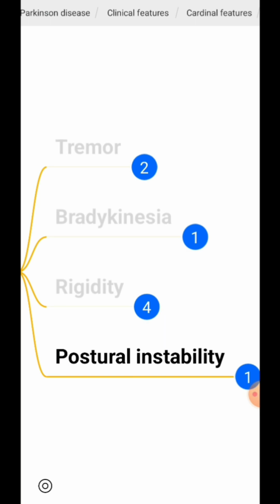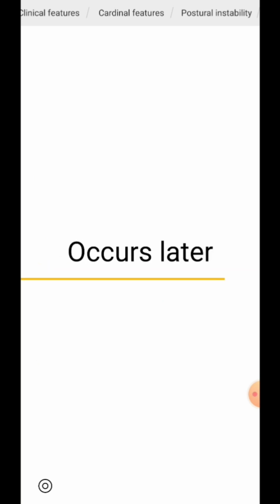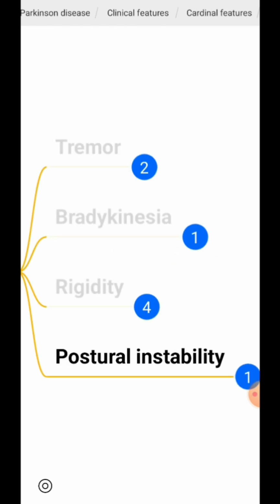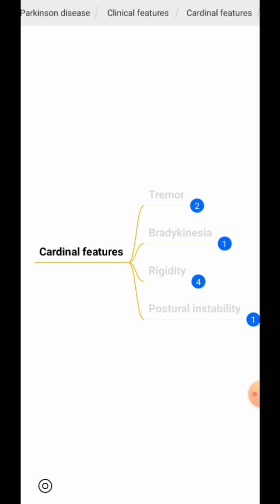Next, postural instability is also a cardinal feature of Parkinson disease. However, postural instability occurs later. Therefore, for the diagnosis of Parkinson disease, it is not considered. Like that, you learned about the 4 cardinal clinical features of Parkinson disease.